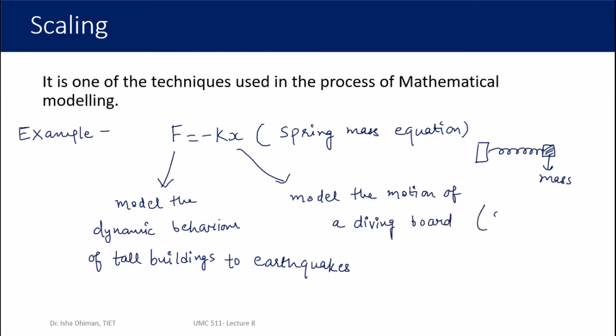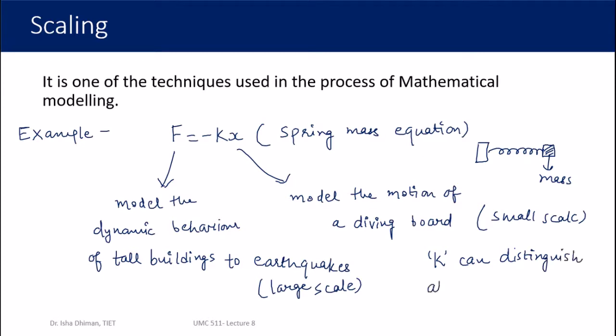A small diving board is an example at a small scale, while tall buildings are an example of a large scale. So k can distinguish between different scales. This stiffness constant depends upon many properties of the underlying material being used and many other factors. That factor is sufficient to capture the details at different scales.